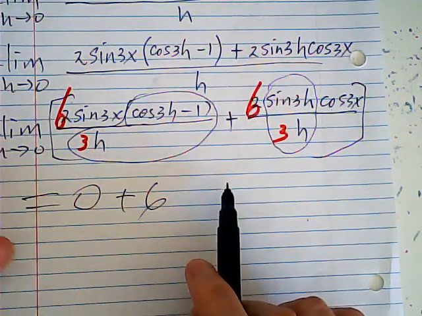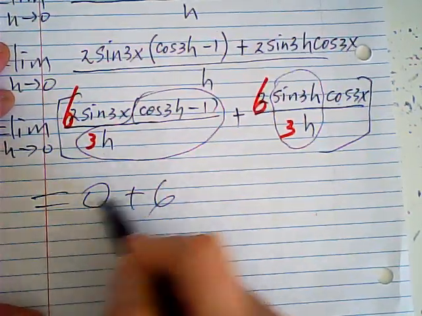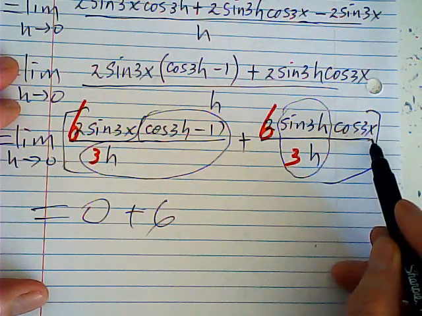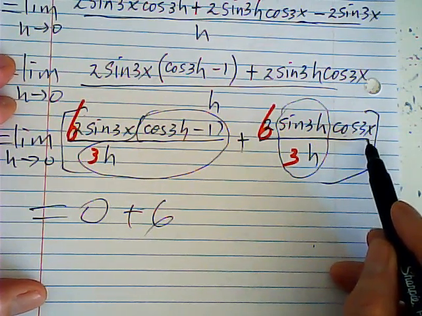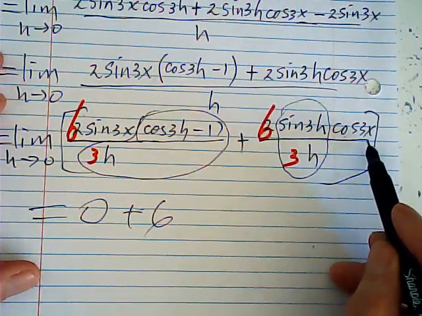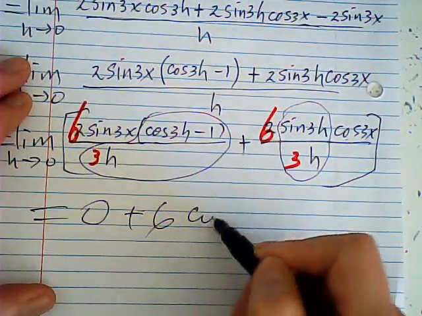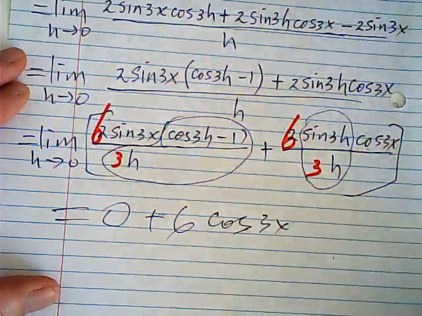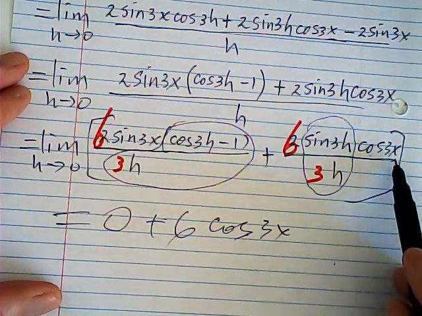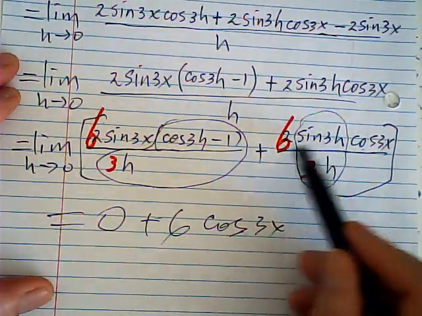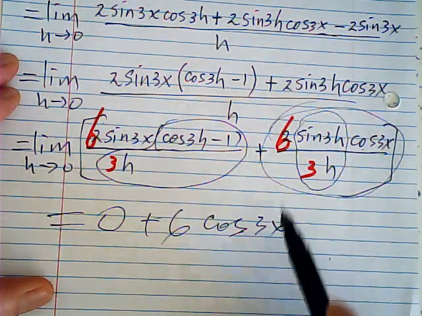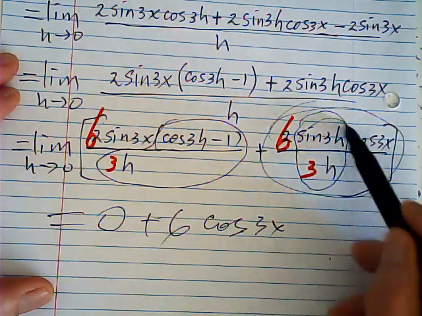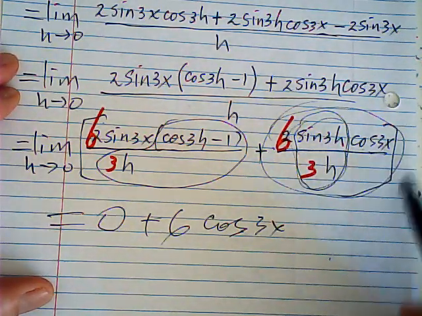So the whole limit: this one goes to 0, this is gone, this is 6. This is cosine 3x. X has nothing to do with h, therefore this limit is equal to 6 times cosine 3x.